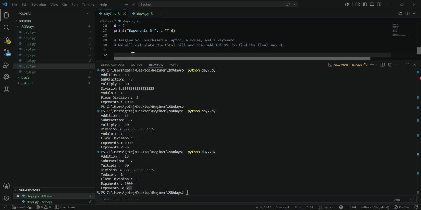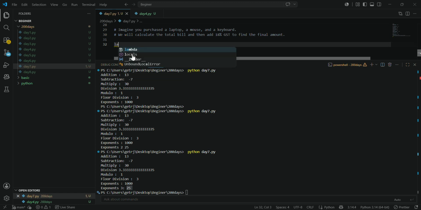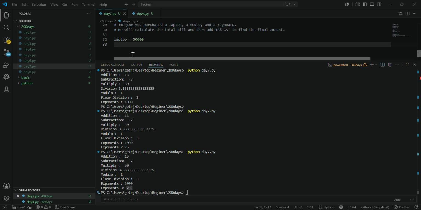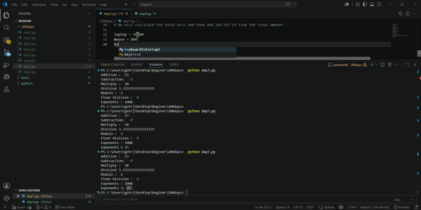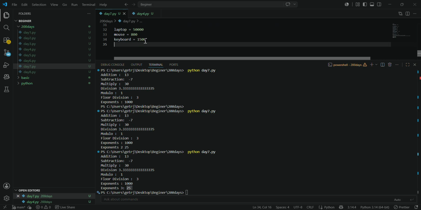First we will create some variables like laptop equal to 50,000. Yeah, 50,000, that's fine. Mouse equal to 800, basically 800. And keyboard equal to 1500.